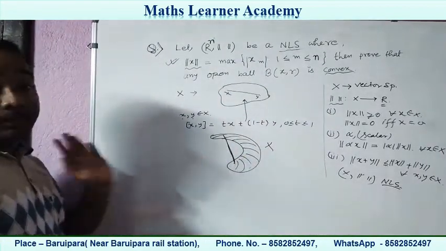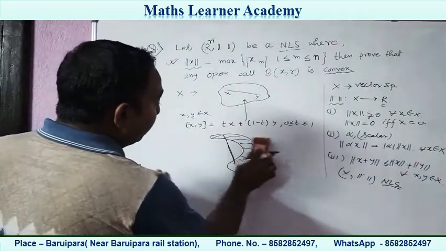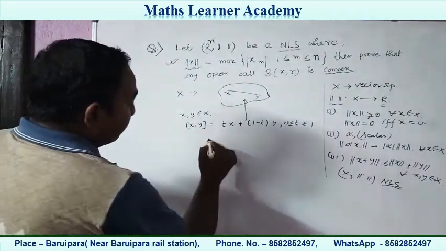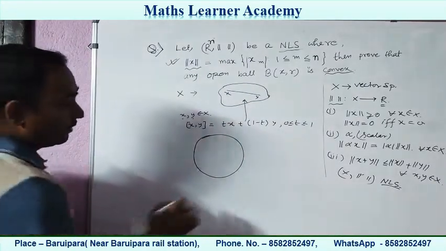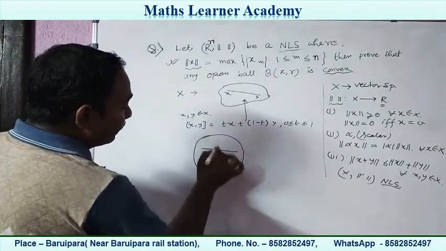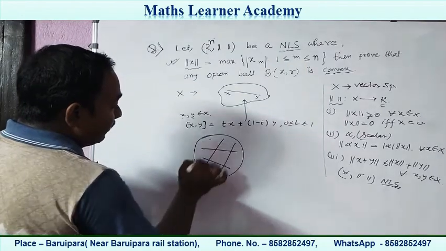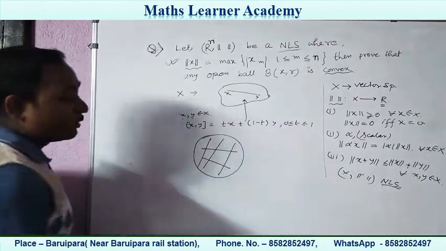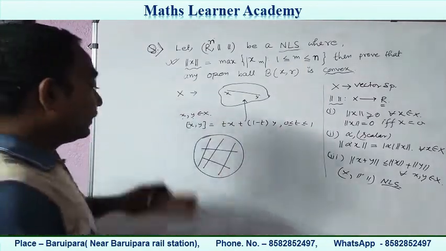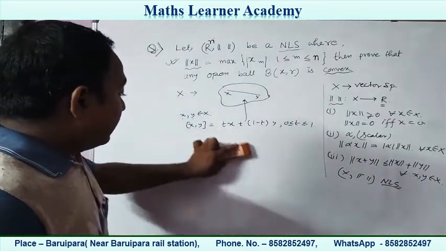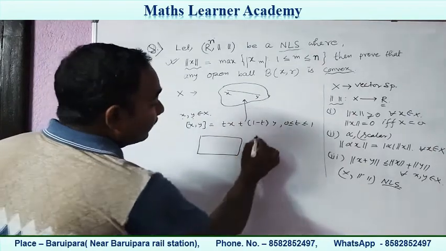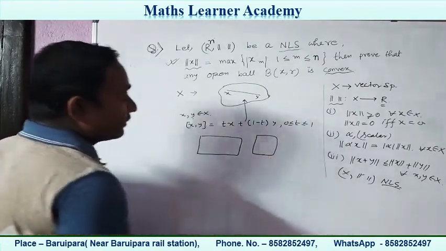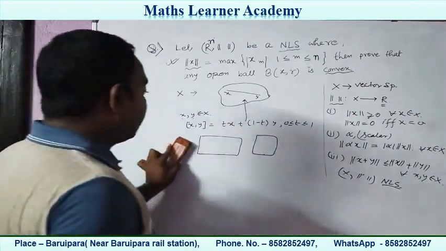Now I draw a set like this, suppose a circle, right? So it will be convex, because any line taking 2 points within this always lies within this set. Similarly, the rectangle will be convex, the square convex, right? These are all convex figures.